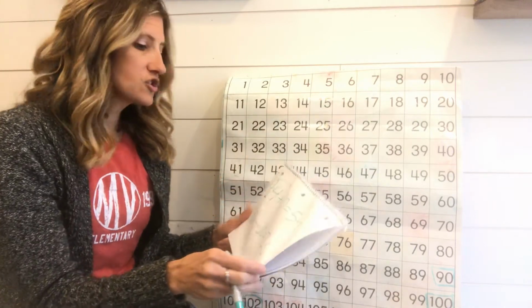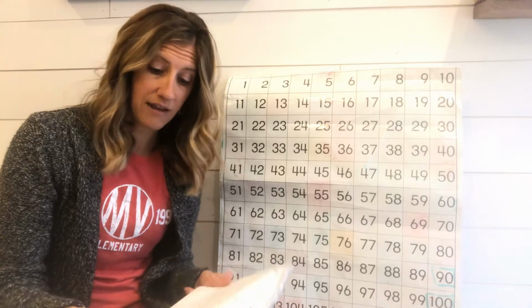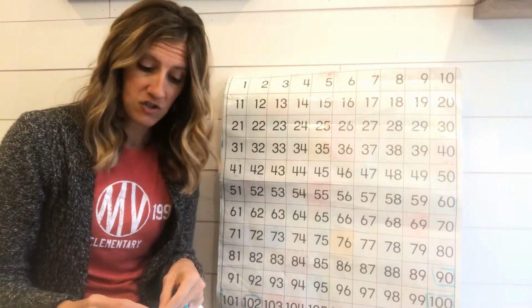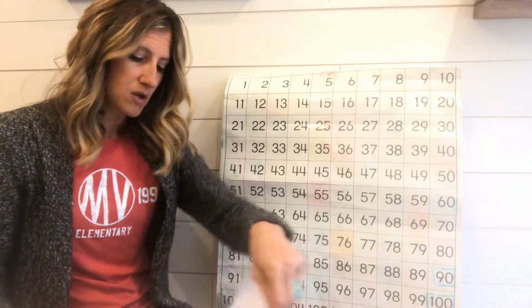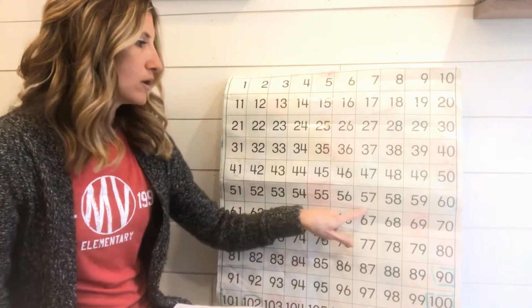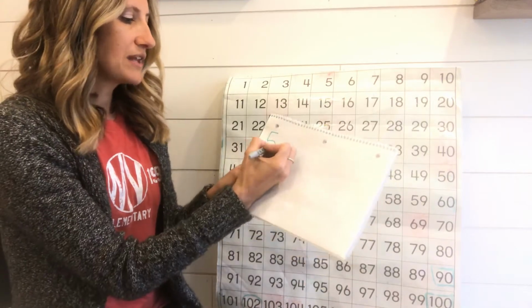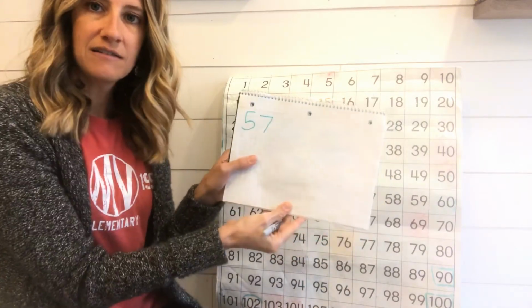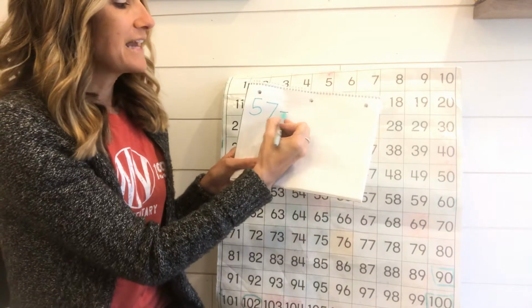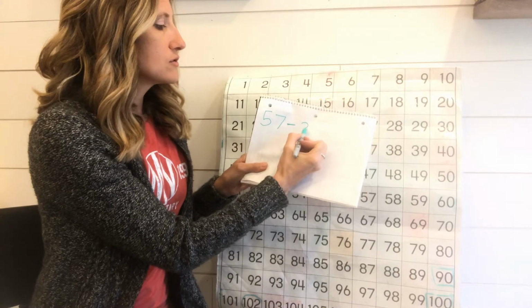Now, let's try to add multiples of 10. That means more than just one 10, and subtract more than just one 10. So let's see, how about we start on 57. So let's do 57 minus, that means it's getting smaller, minus 20.